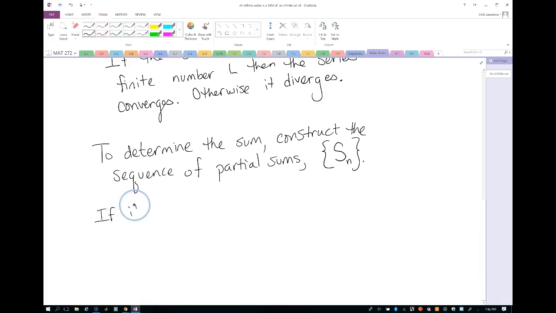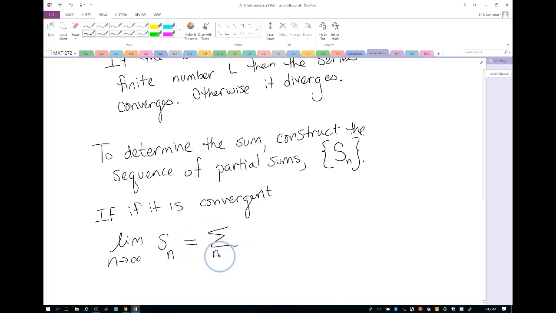If it is convergent, the limit as n approaches infinity of our sequence of partial sums will equal the sum of our series.